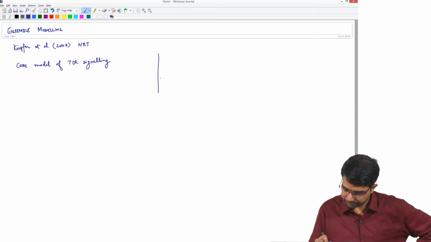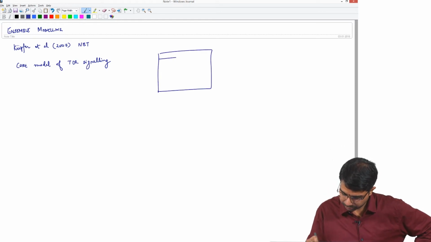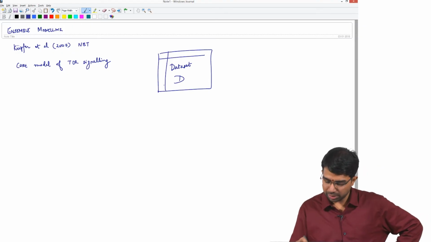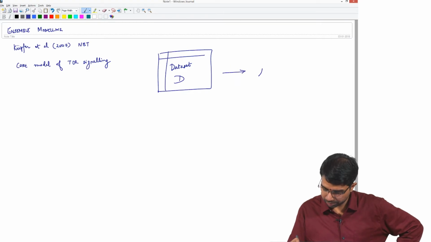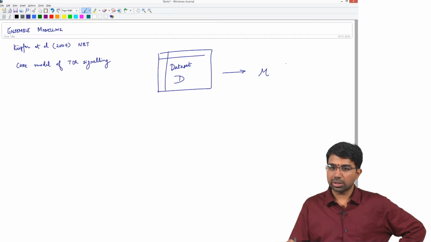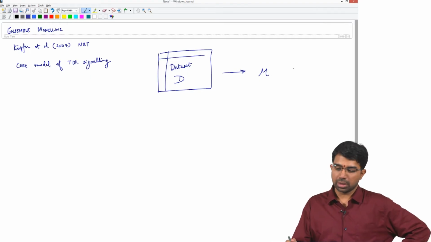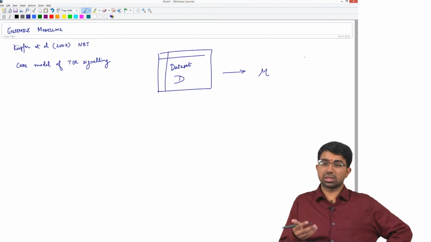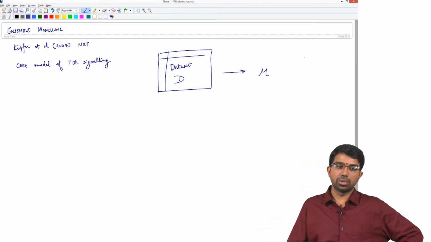You have a data set D and you want to build a model. But how do you infer this model? If you were to go about the classic modeling that we have discussed in dynamic modeling and so on, how do you go about this?